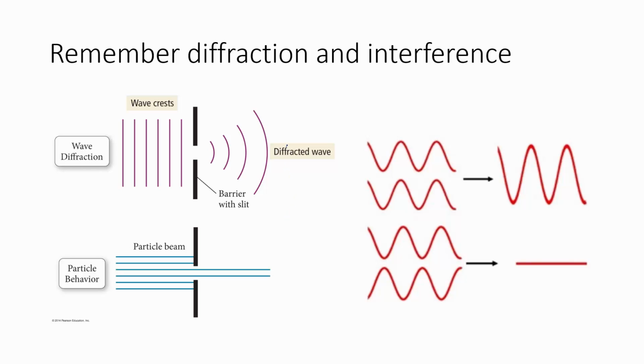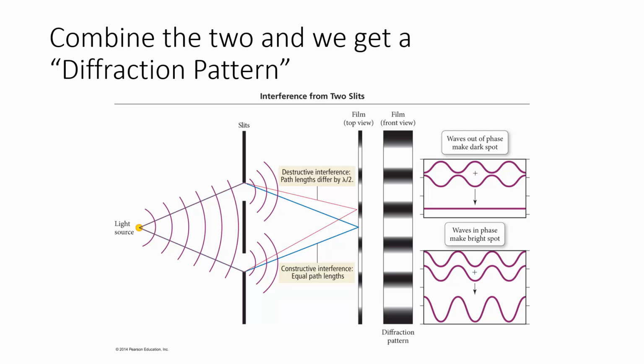Now remember diffraction, where things go through an opening, waves spread out where particles go straight through. And remember how when waves intersect on each other, they amplify if they're in phase and they go away if they're not in phase. Well, we can put waves through two openings, and then these circles will start to intersect with each other.